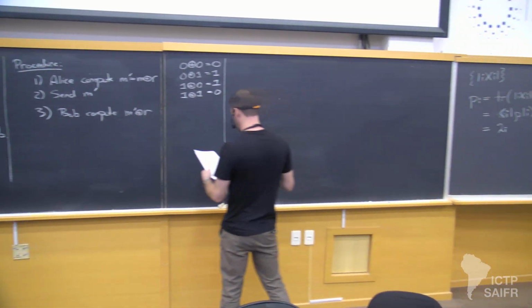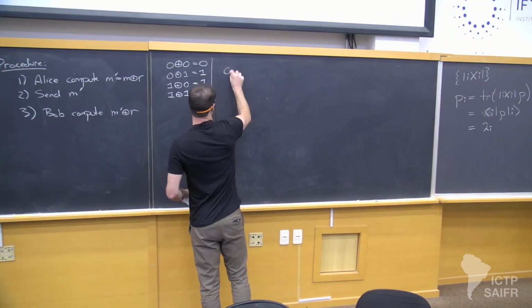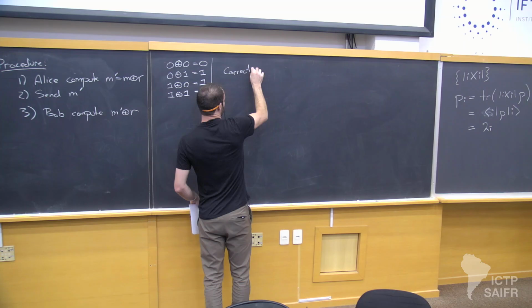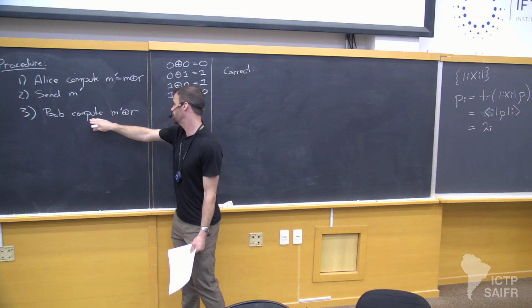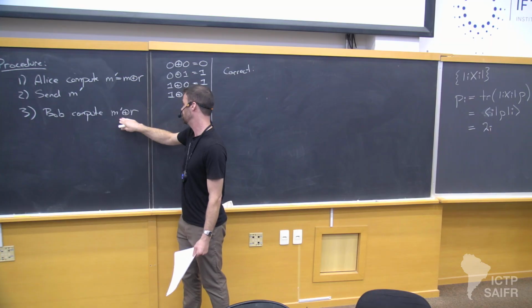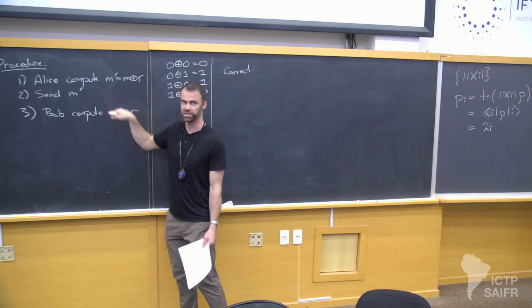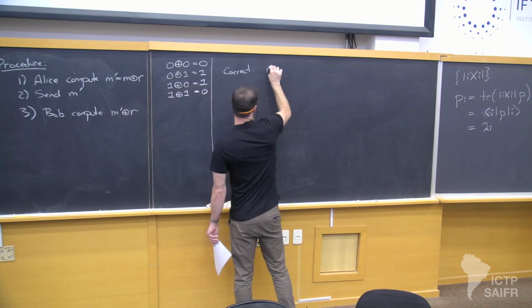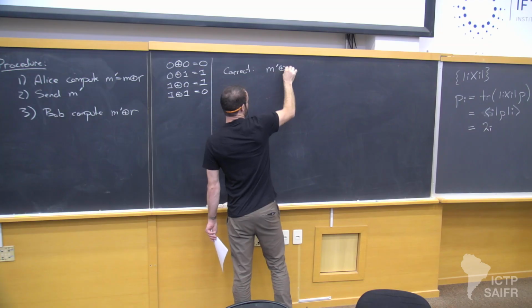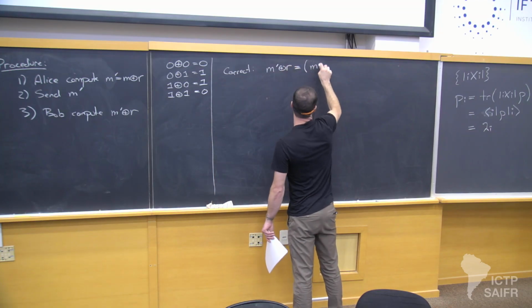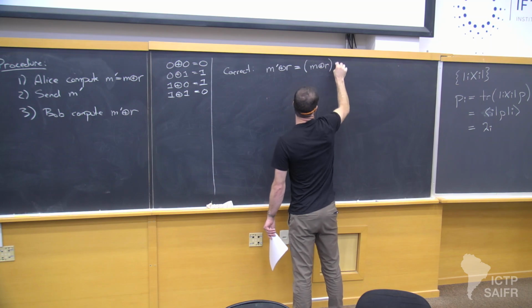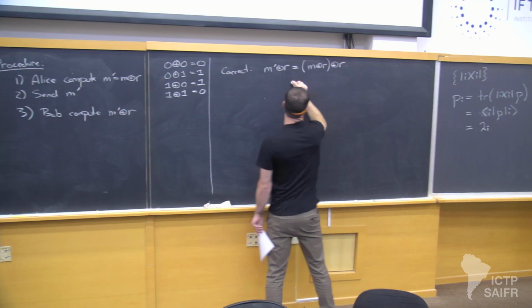Okay, so why is it correct? To check correctness, we just need to check that the outcome from Bob's computation is Alice's message, right, is M. So Bob is going to compute M prime plus R. And recall that M prime was M plus R, right?